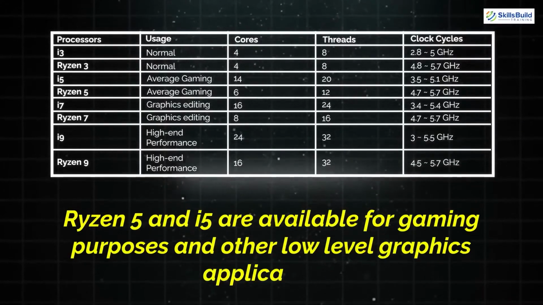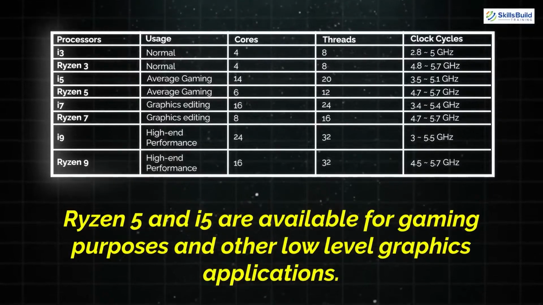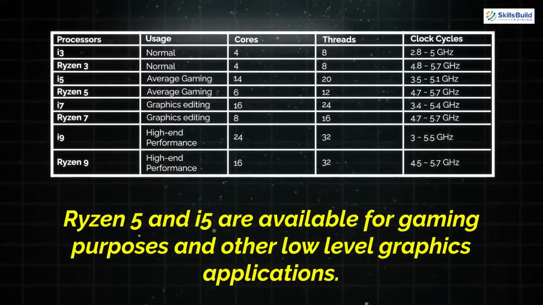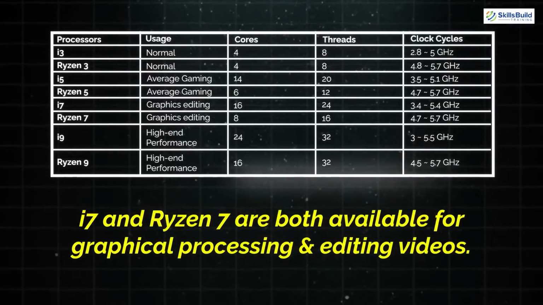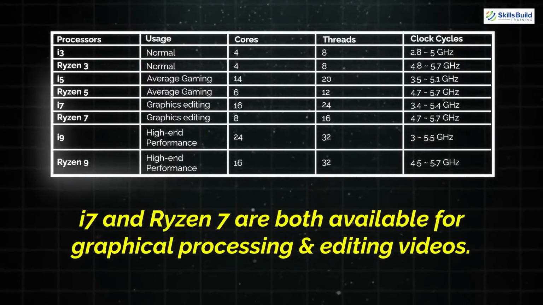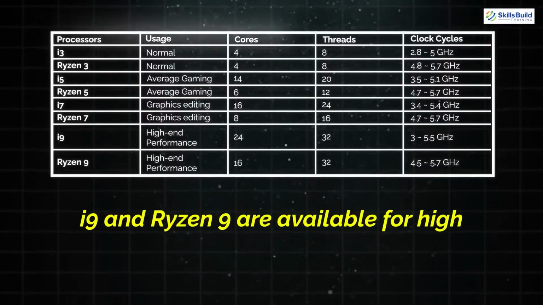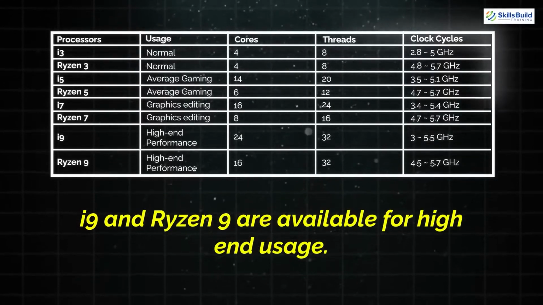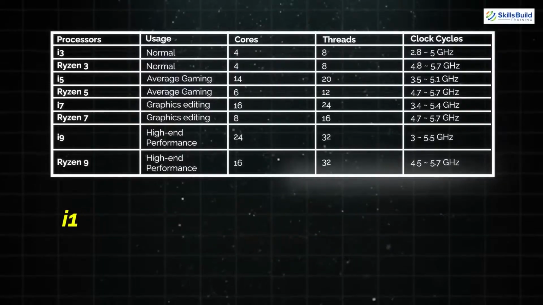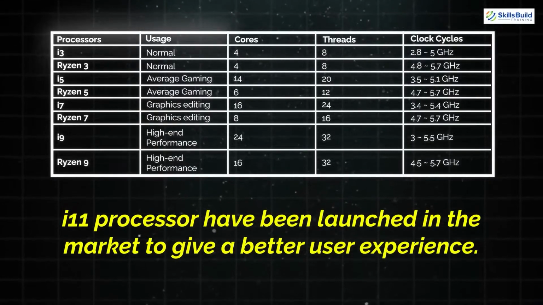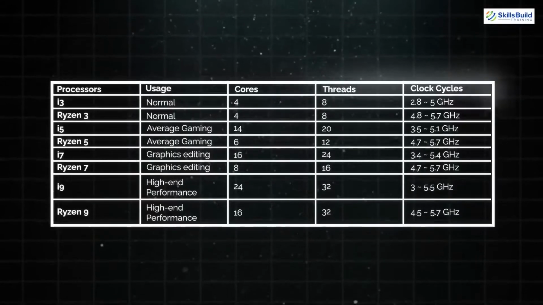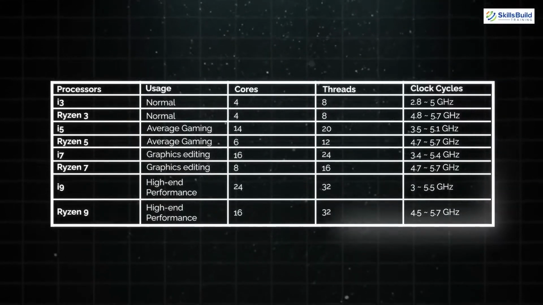Ryzen 5 and i5 are available for gaming purposes and other low-level graphics applications. i7 and Ryzen 7 are both available for graphical processing and editing videos, whereas i9 and Ryzen 9 are available for high-end usage, and recently i11 processor has been launched in the market to give a better user experience. You can upgrade your processor according to this table.